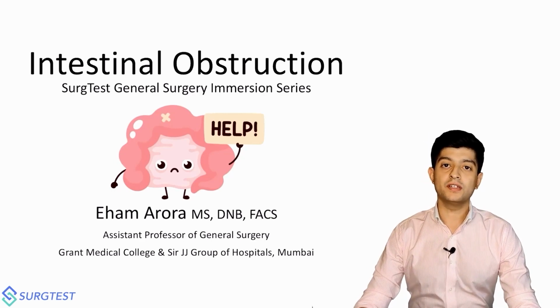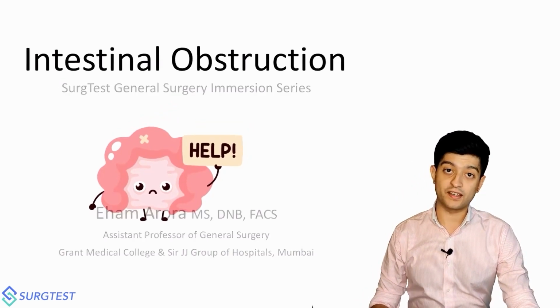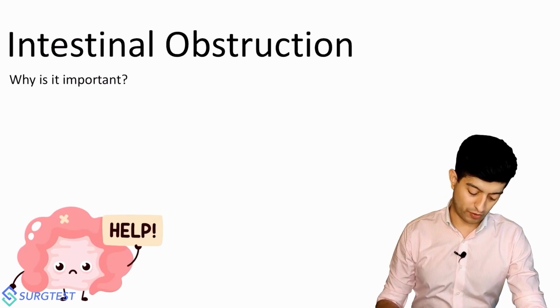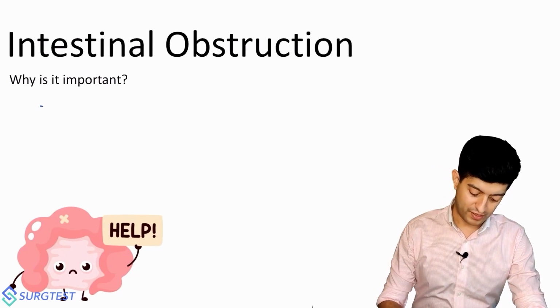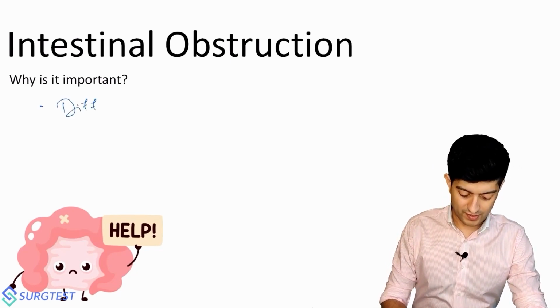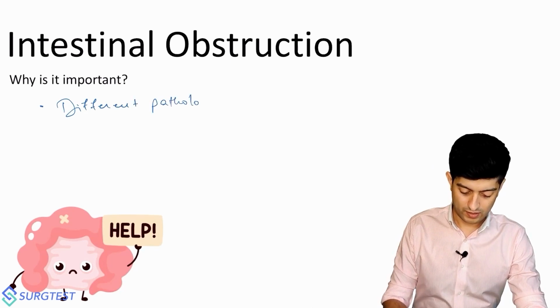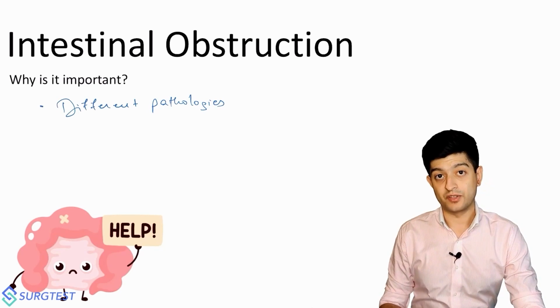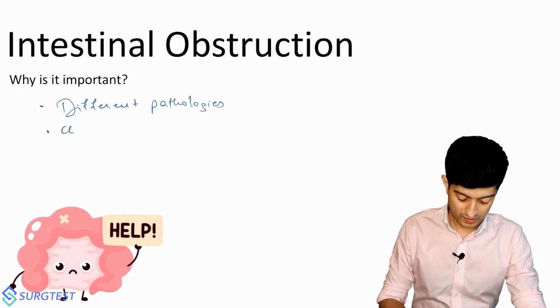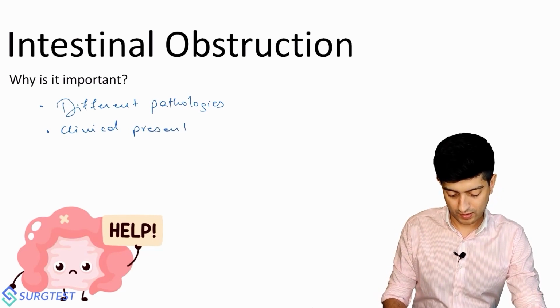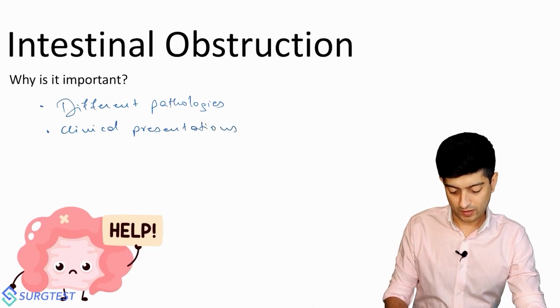I am Eham Arora, and today we're going to be discussing intestinal obstruction, which can be a very important and interesting topic for several reasons. The first of which is that there are several different pathologies that actually manifest with bowel obstruction. The clinical presentations are very variable.